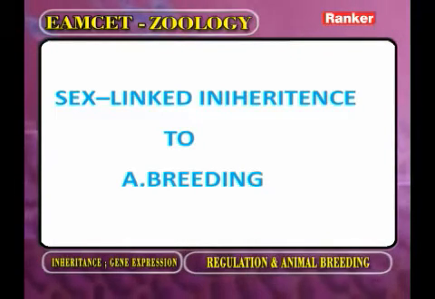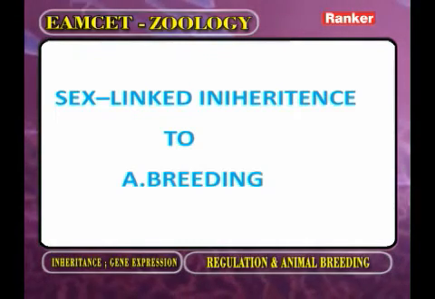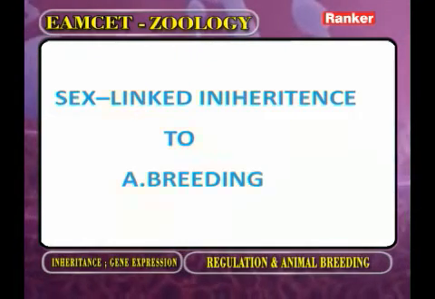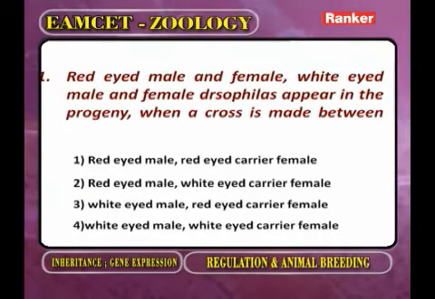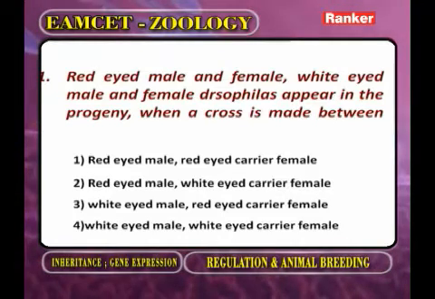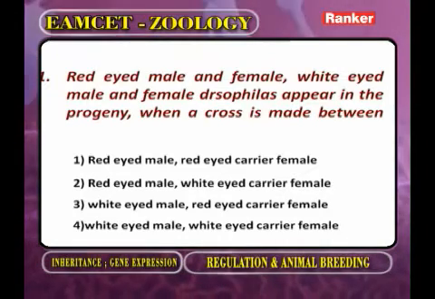Now we have to discuss the sex-linked inheritance up to the animal breeding. Now what is the first question? A red-eyed male, red-eyed male and red-eyed female, white-eyed male, white-eyed female.